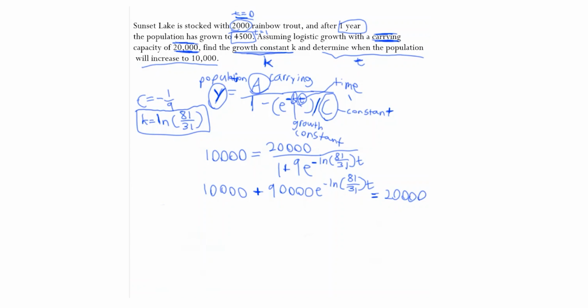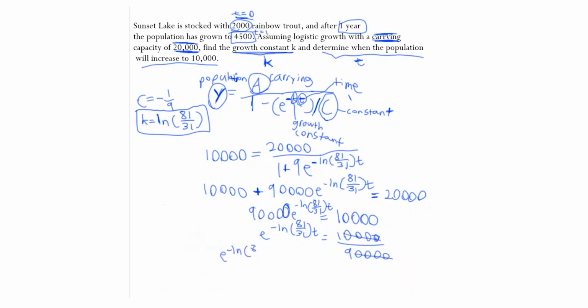Using algebra to solve it all out again. And divide both sides by 90,000. Cancel out as many zeros as possible. And then we reciprocate to get rid of the negative sign on the exponent.